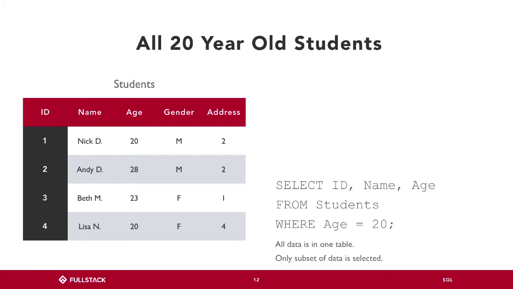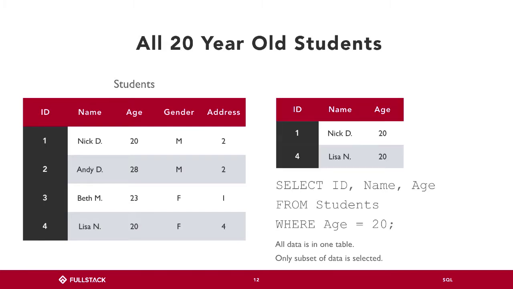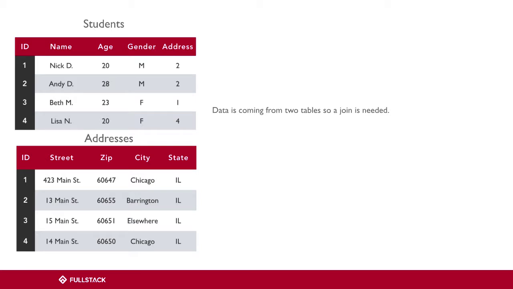So this becomes a pretty easy query to run. We could run it, and we'll get a result set that just has the name, the ID, and the age, but the result set is only going to have the students that are age 20.